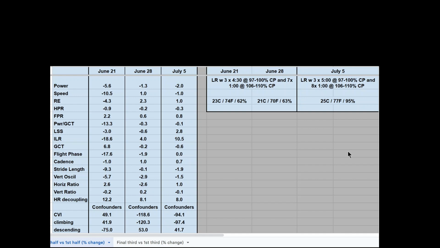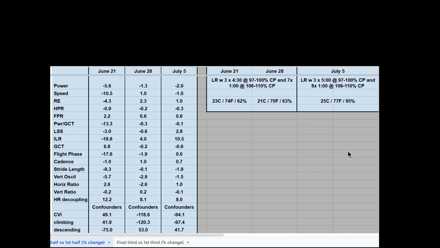The first one, June 21, the long run prescription was 13 miles with 3 times 4 minutes and 30 seconds at 97 to 100% of CP in the first part of the run, and on the back side of the run, 7 times 1 minute at 106 to 110% of CP.